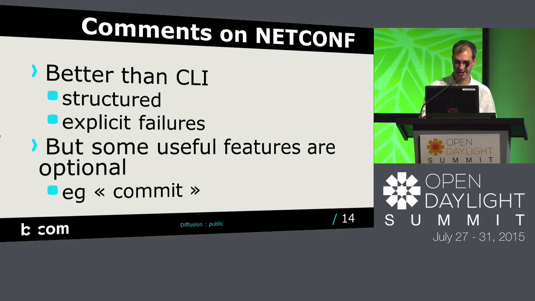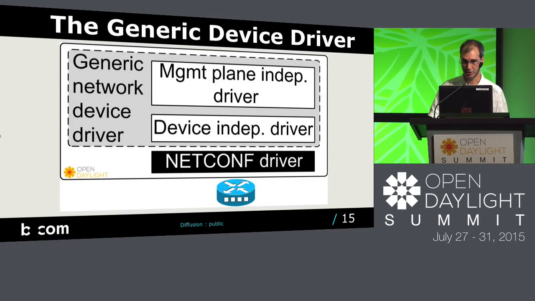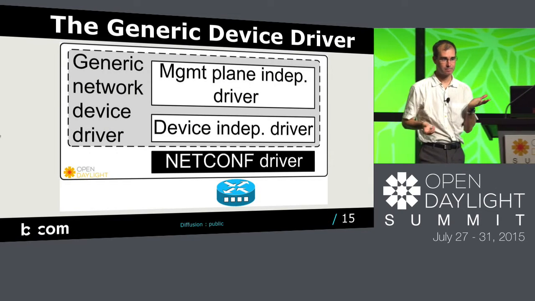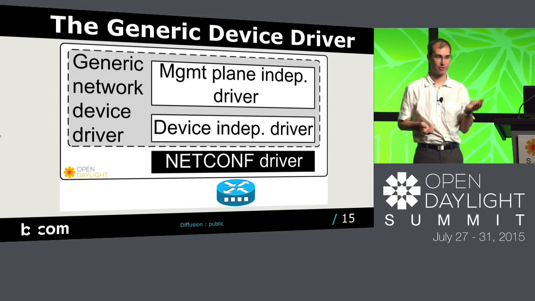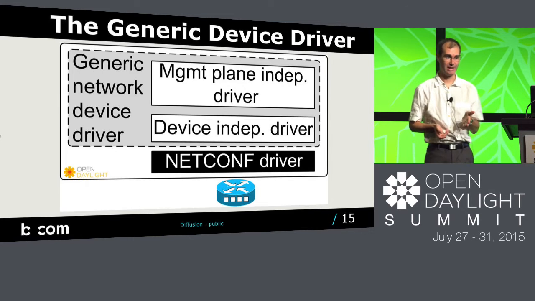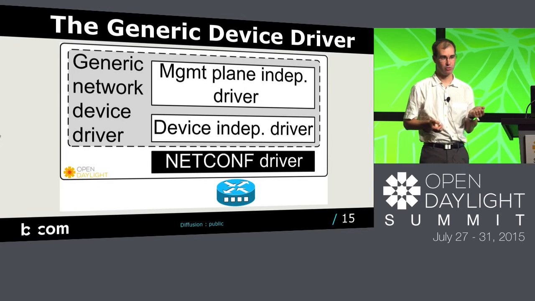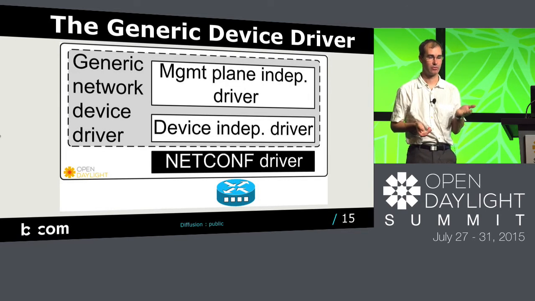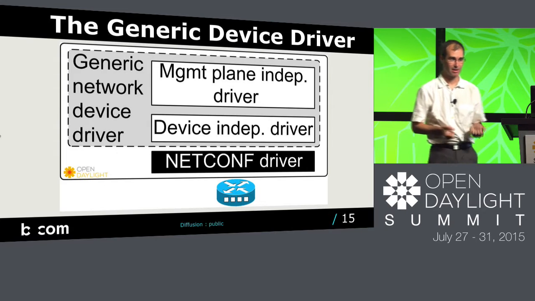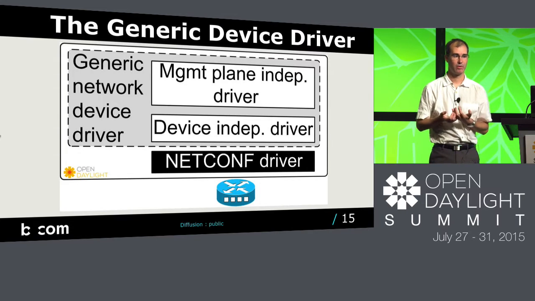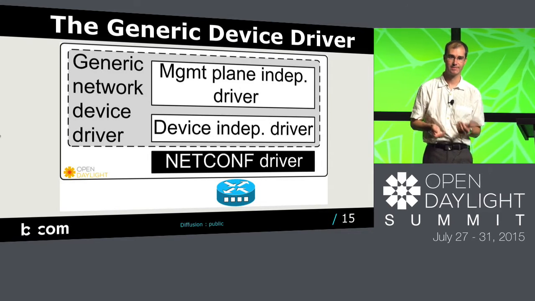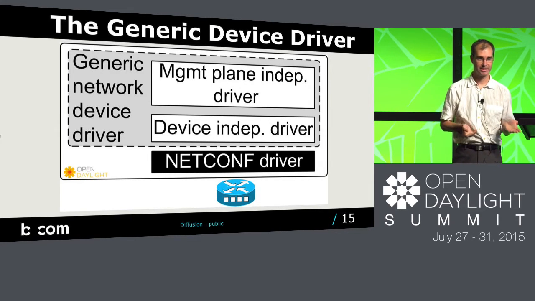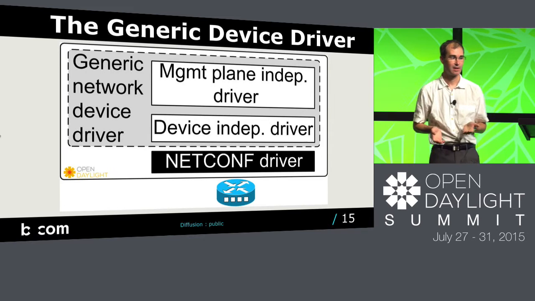So let's get back to our layers. The generic network device driver is a set of modules that we developed inside OpenDaylight. And we used the existing NetConf driver in OpenDaylight. With this driver, you can connect to the remote devices, and you can authenticate with the devices.